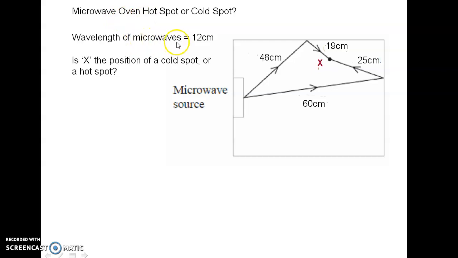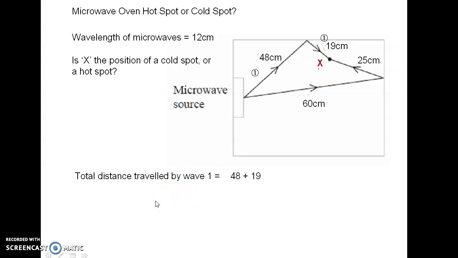We're told that the wavelength of the microwaves is 12 centimeters. So we'll consider wave 1, which is going to travel 48 centimeters for the first part of its journey, and we can see it reflects off the surface of the microwave here and travels 19 centimeters before meeting wave 2.